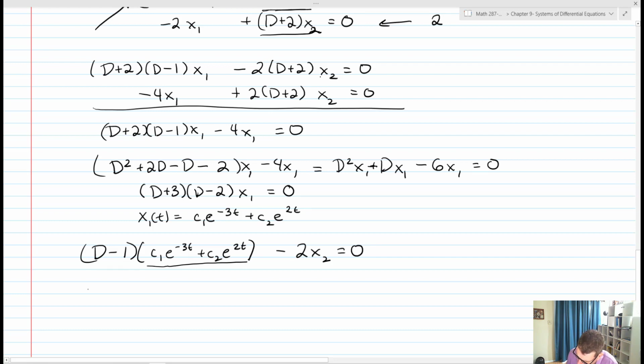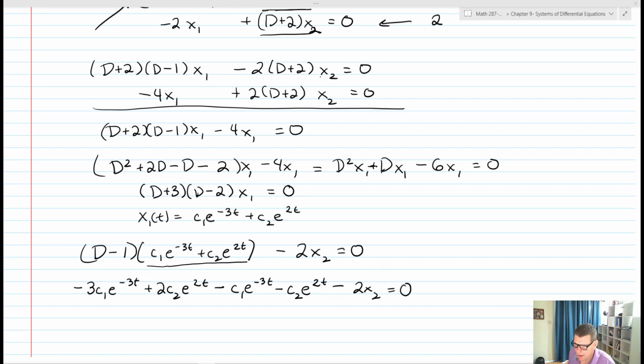So that's going to end up being negative 3 c1 e to the negative 3t plus 2 c2 e to the 2t, minus c1 e to the negative 3t minus c2 e to the 2t, minus 2 x2 equals 0.